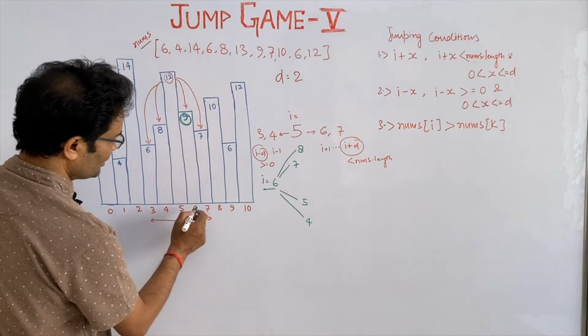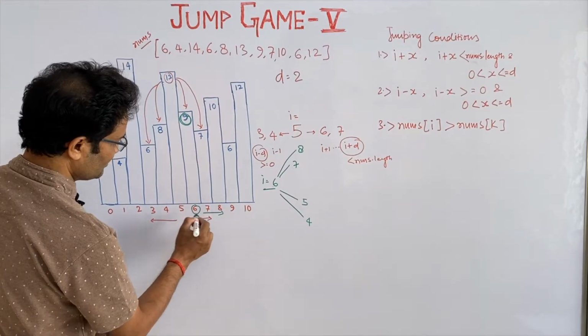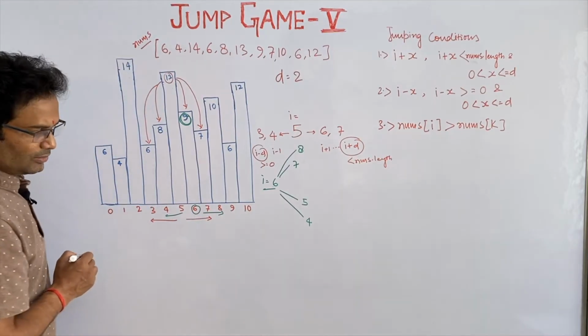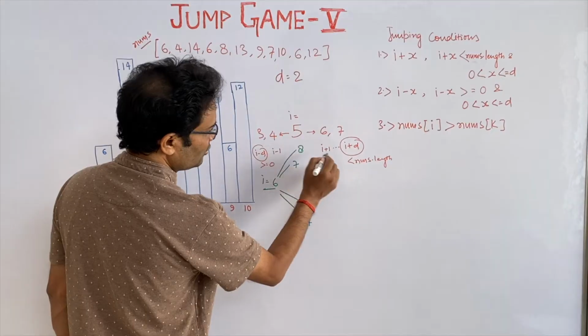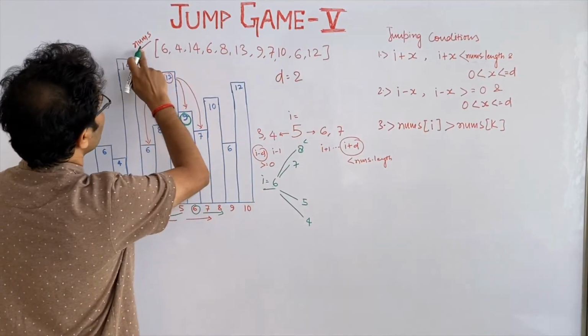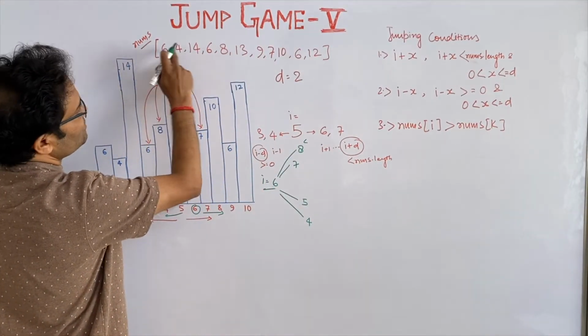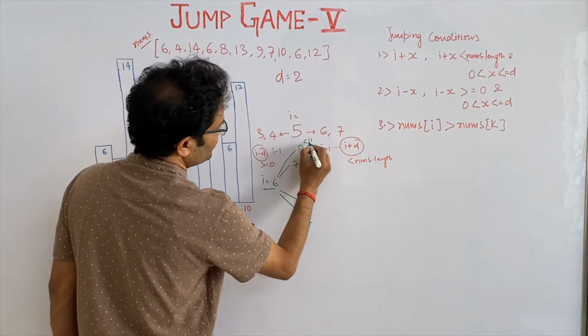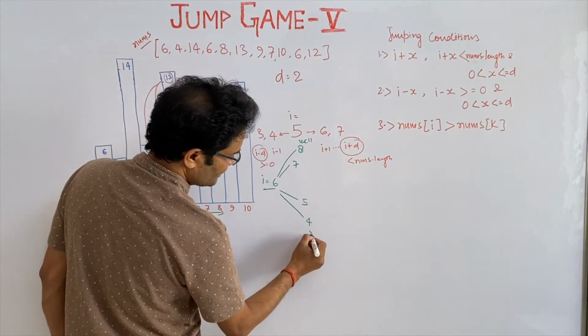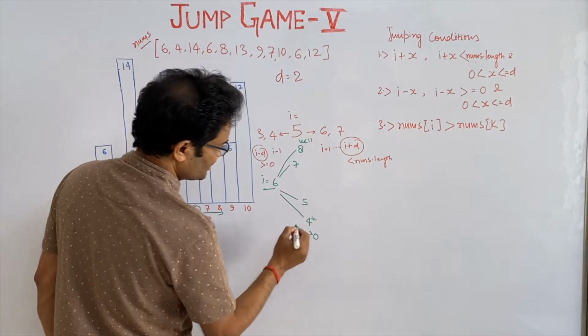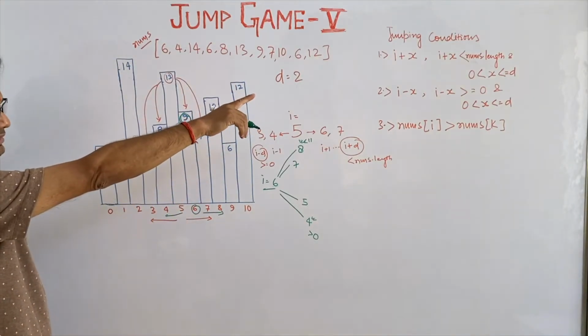From here you can go 6 to 7, 7 to 8, and 4 to 5, and this 8 is also less than the nums length. What is the nums length? This is 11, so this is also satisfied, and this is greater than 0, so this is also satisfied. So the first two conditions are satisfied.